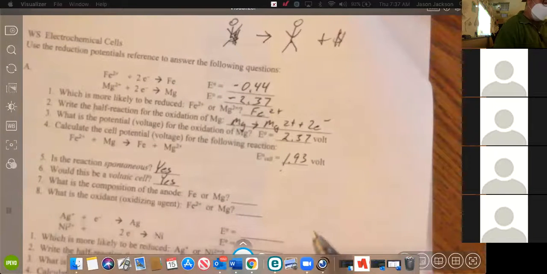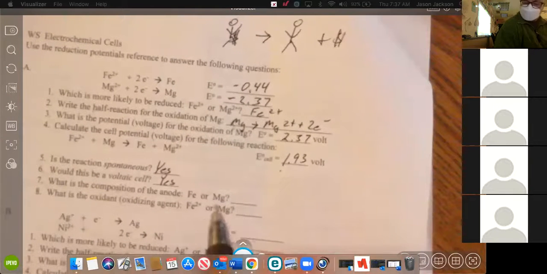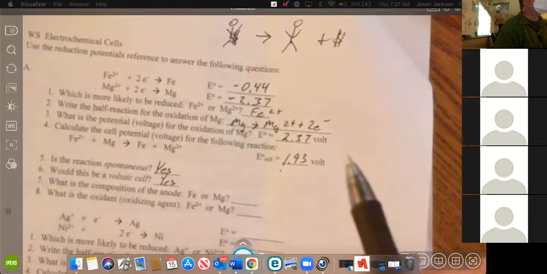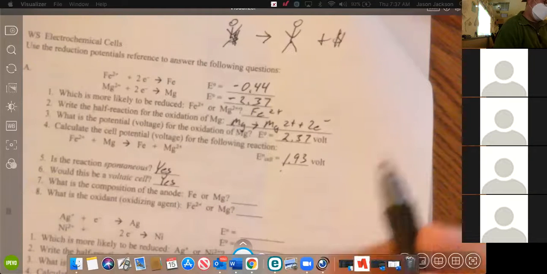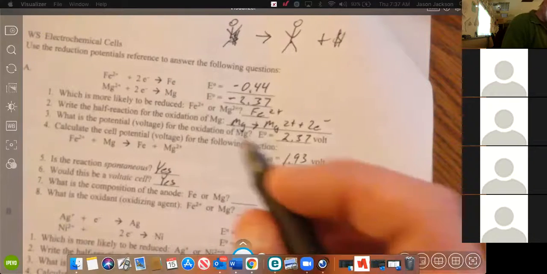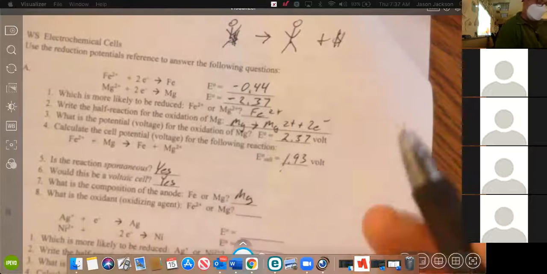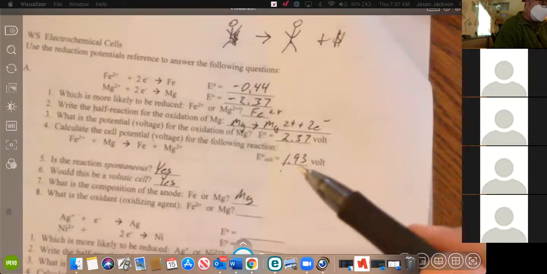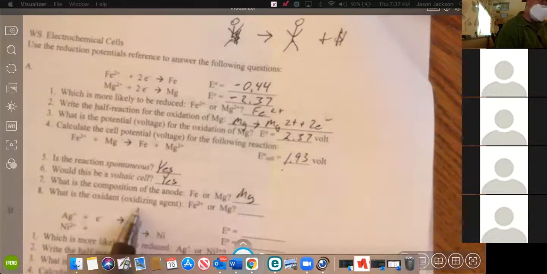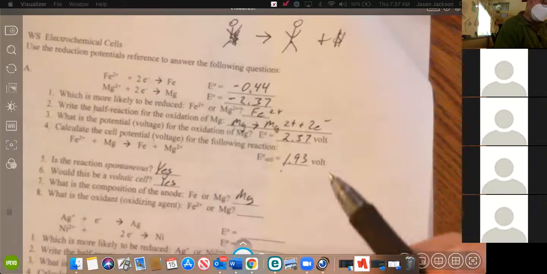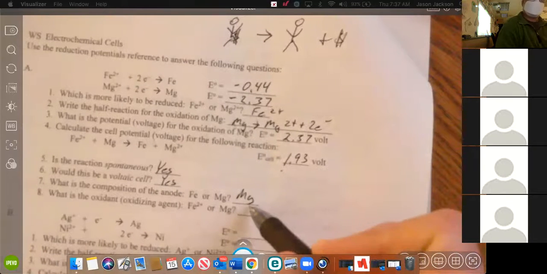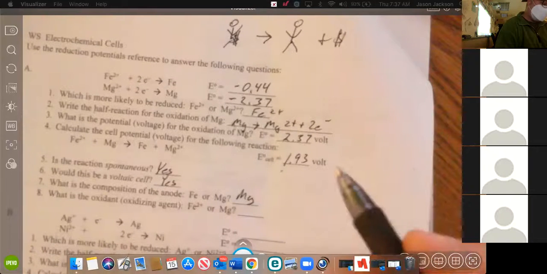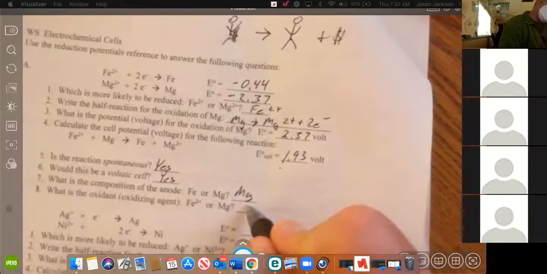What is the composition of the anode? So when we look at that, where did the oxidation occur? Magnesium. And what is the oxidizing agent? So if the oxidation occurred at the magnesium, who caused that oxidation? Iron 2+.